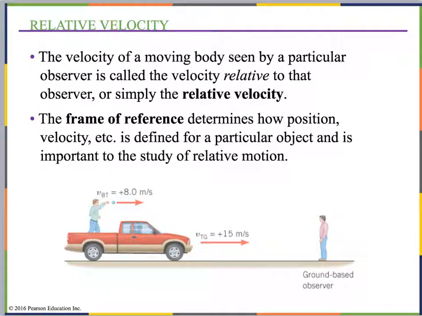There's a truck that's moving with a speed of 15 meters per second, and then the guy in the back of the truck, obviously this is not recommended, it's not safe, is throwing the ball horizontally with a speed of 8 meters per second. So the question would be, how fast does this guy see the ball go?